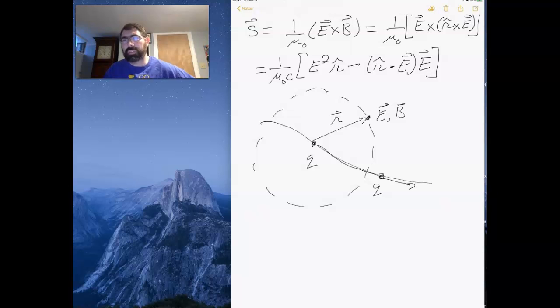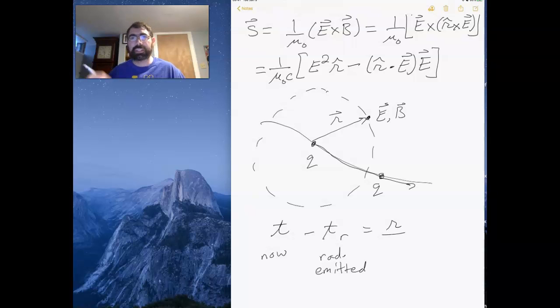So we're going to start with the time where the radiation was emitted. If you look at the change in time, the time now minus the time where the radiation was emitted, that's equal to the distance that the radiation traveled divided by the speed of light.